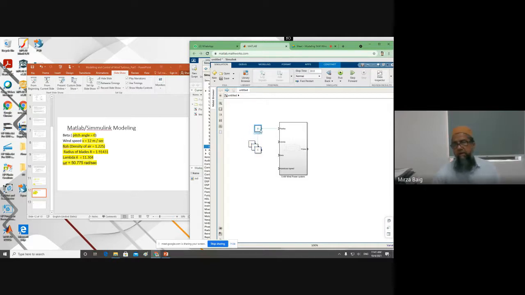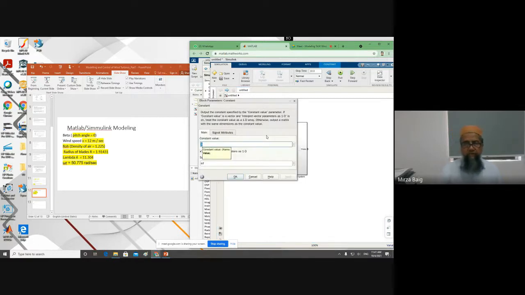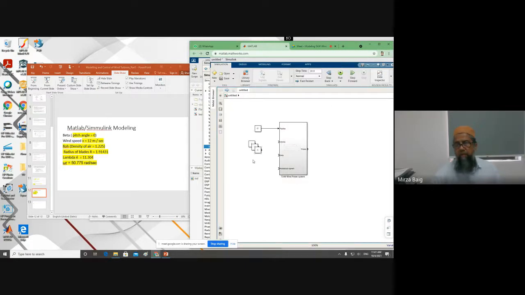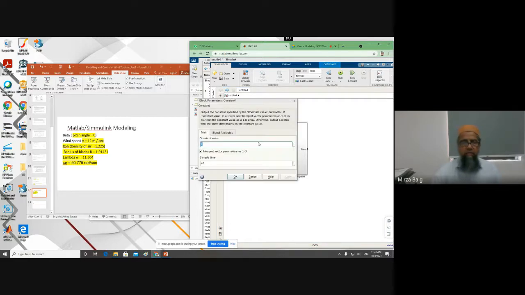All right, so this radius, we got 1.91431. The other one, all right, velocity is 12.